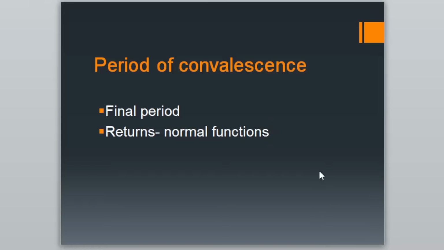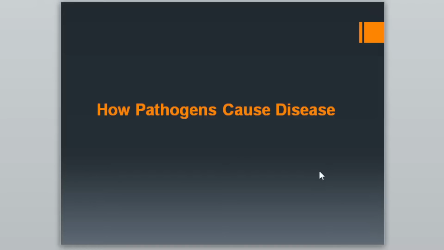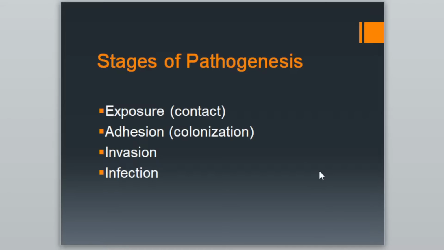Clear? Now, let's come towards how pathogens cause diseases. The stages of pathogenesis are exposure, meaning the contact, adhesion, invasion, and infection.